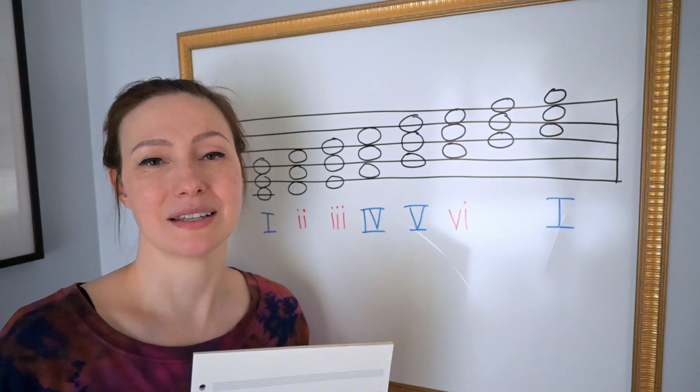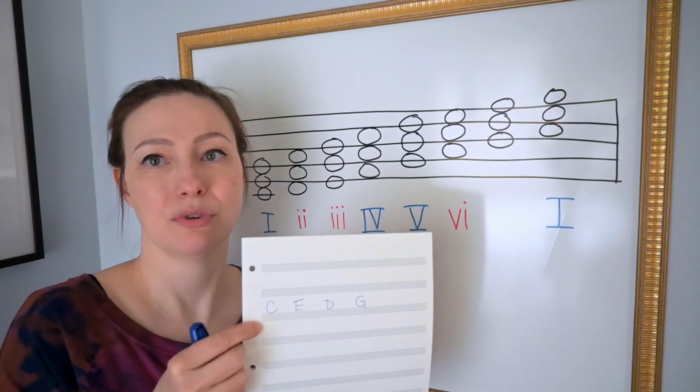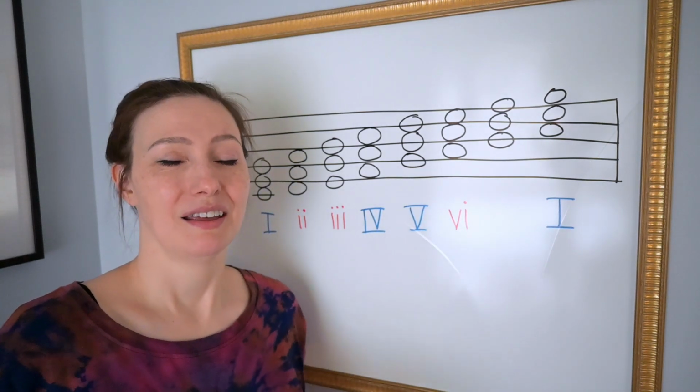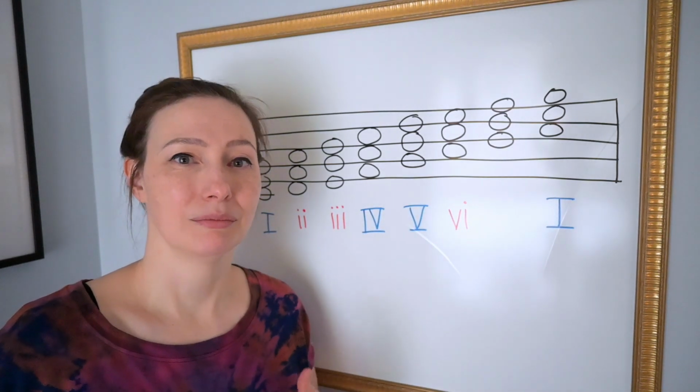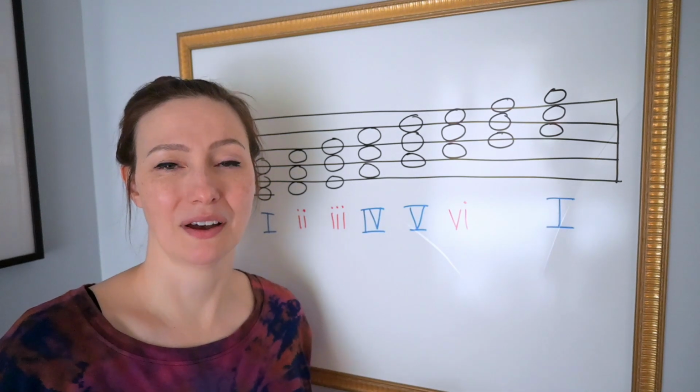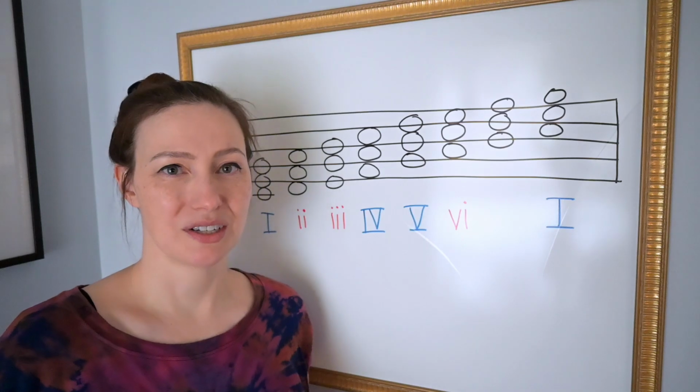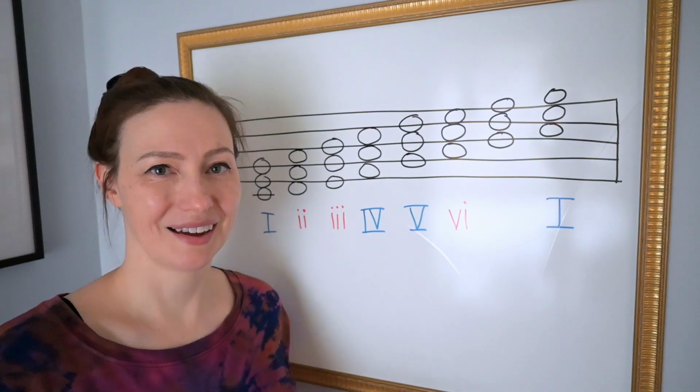So then the process after that is just once you know which chords you could potentially use for your melody, then you just sit down and experiment with them until you find a combination of chords and melody that feels right to you. So I'll show you that right now.